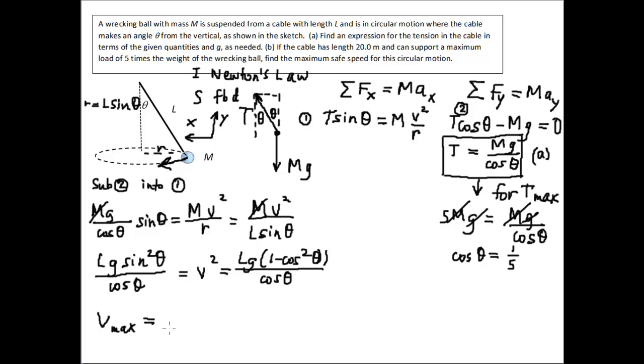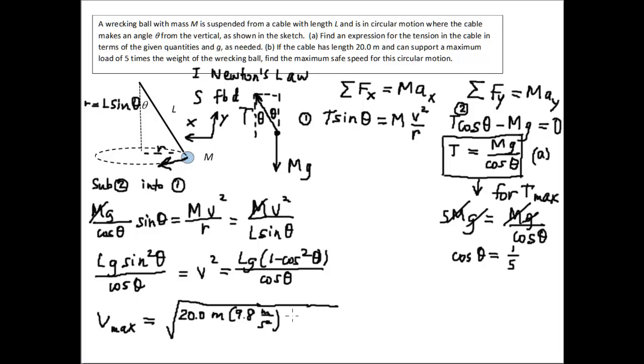So let me now take the square root of this expression. We have Lg times 1 minus cos squared theta over cos theta, and I have all the numbers. So let me just go ahead and plug them in now. L is 20.0 meters. Always want to plug the units in. g is 9.8 meters per second squared.